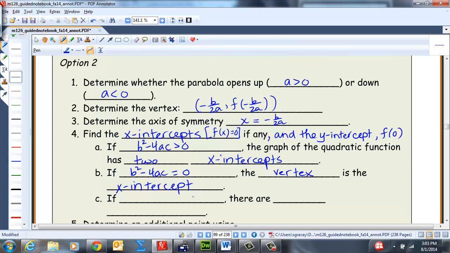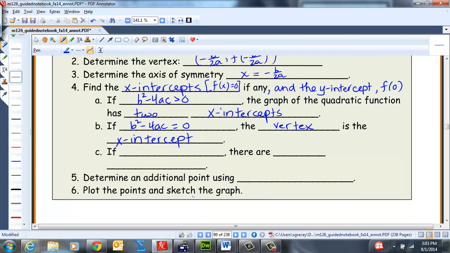And if you get a negative under the radical when you're doing the quadratic formula, there are no x-intercepts because they'd be imaginary solutions.